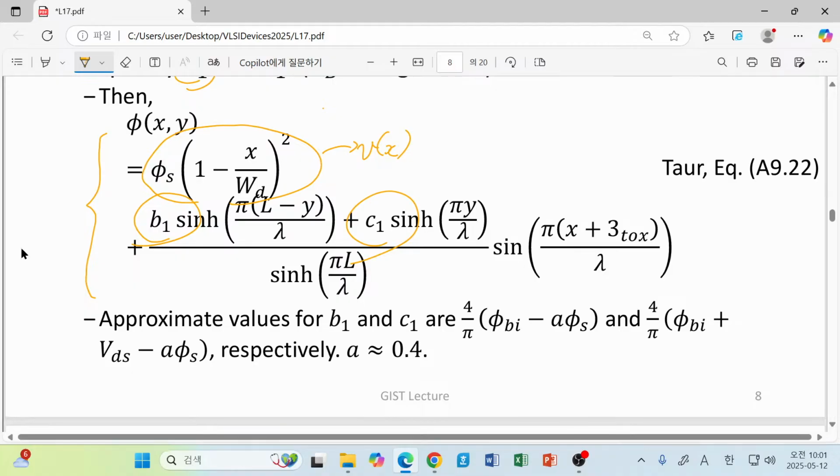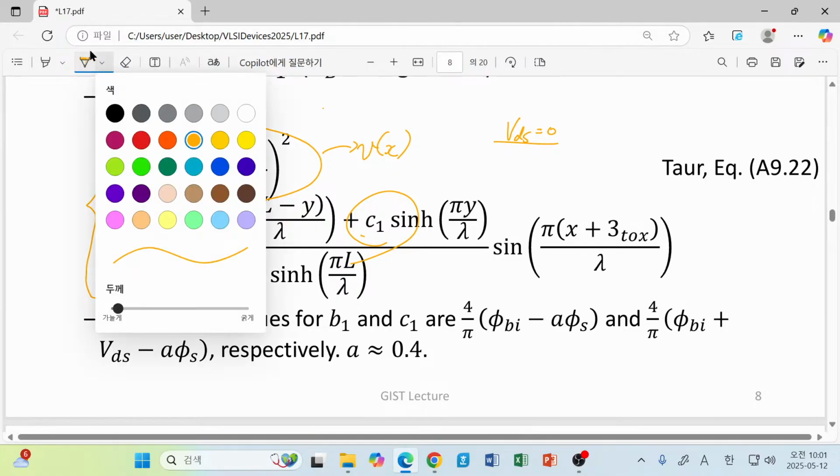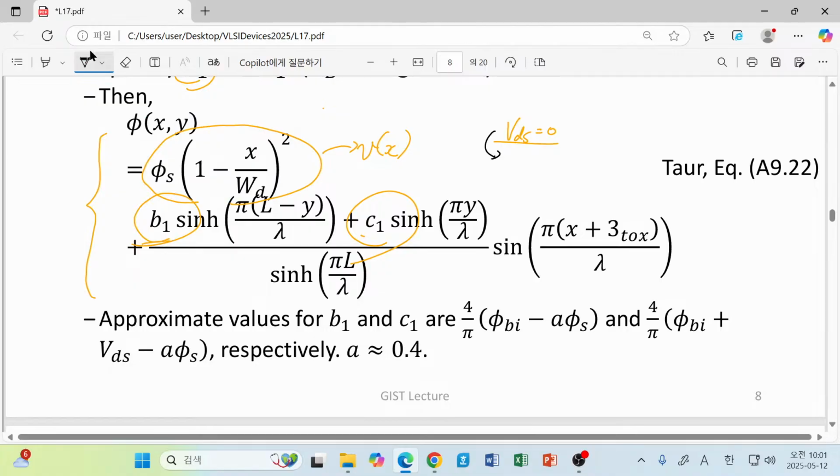Then you can ask me this question: previously I had VDS equal to 0. Now we have a certain B1 and C1 coefficient, and I intentionally increase the VDS value to 1 volt. What happens to my calculation procedure?